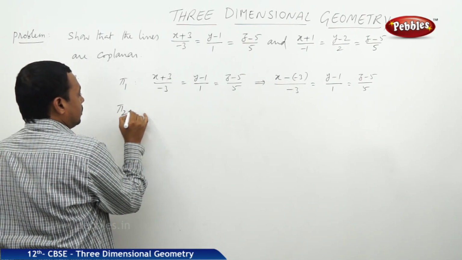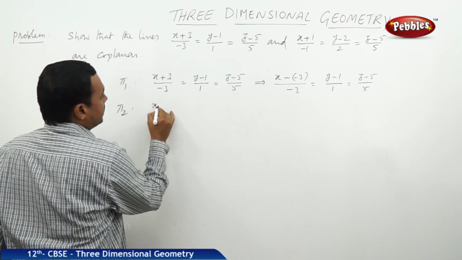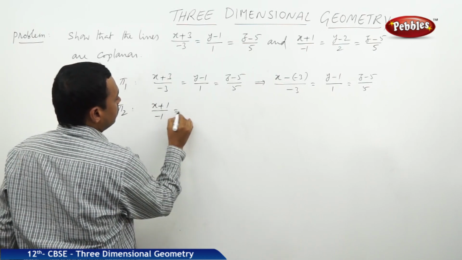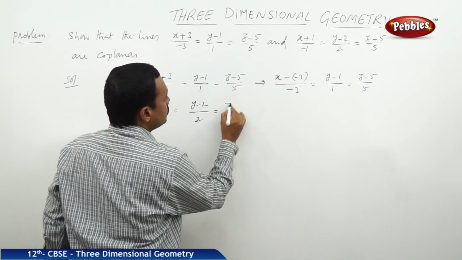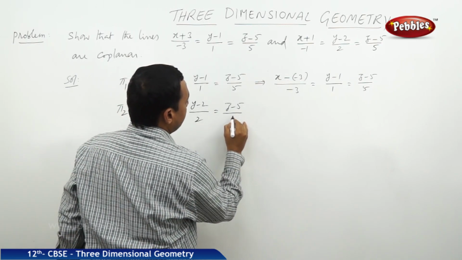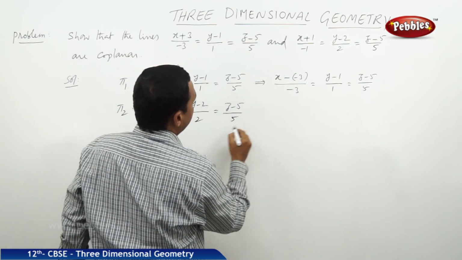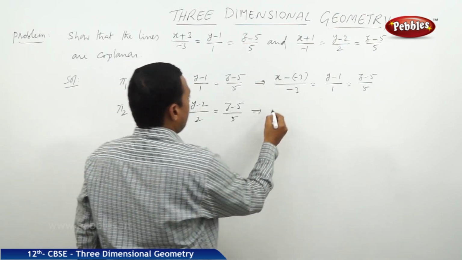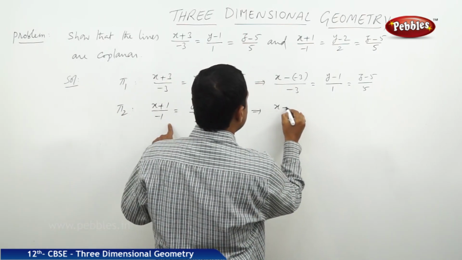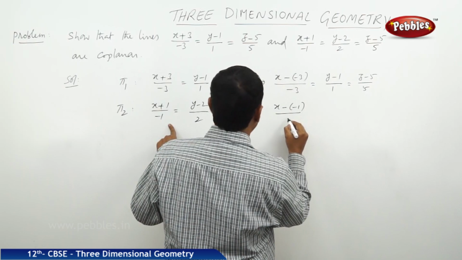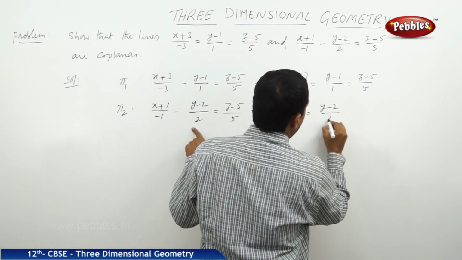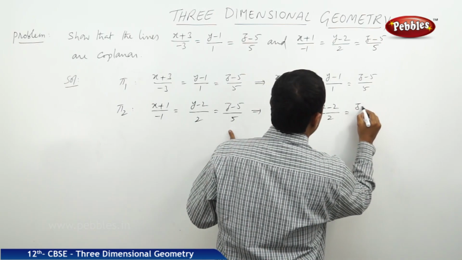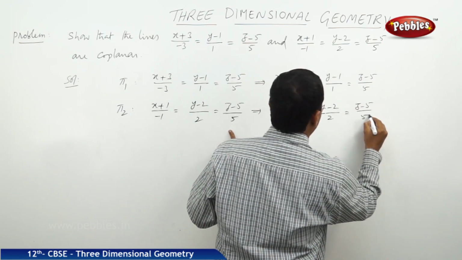And the second line, pi 2, that is (x+1)/(-1) = (y-2)/2 = (z-5)/5. This implies (x-(-1))/(-1) = (y-2)/2 = (z-5)/5.